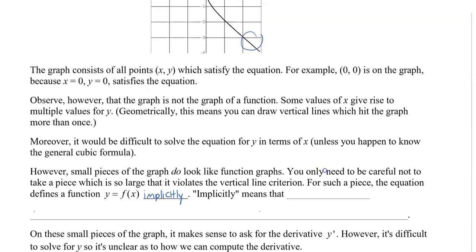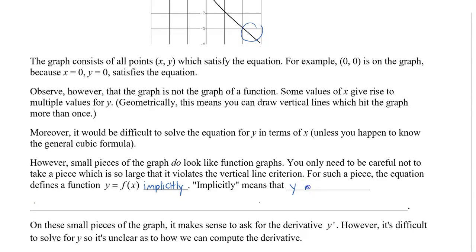Now, implicitly means that y may not be isolated in terms of x, but a given x still produces a unique y value.